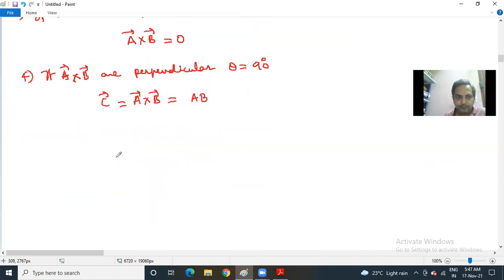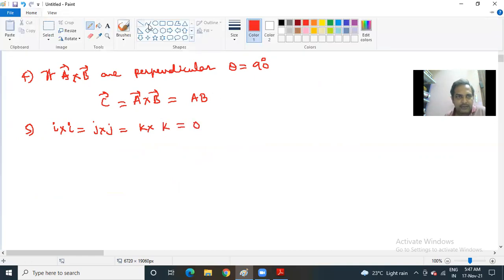Next, let us proceed with the unit vectors part. Remember, I cross I, J cross J, K cross K is equal to 0 because these are all parallel.